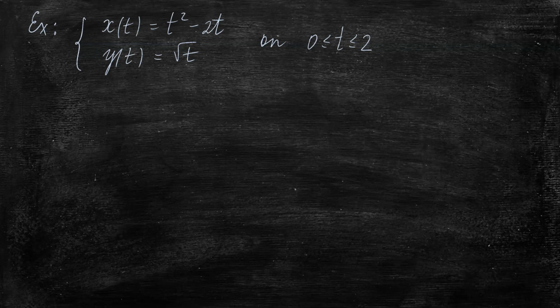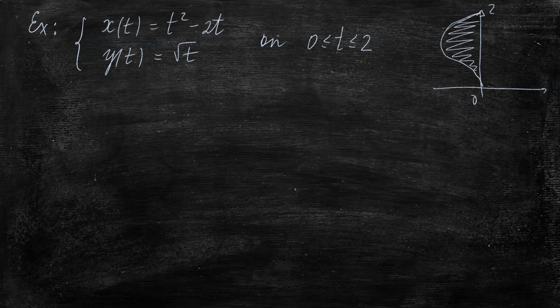We can graph it, but I'm pretty sure that the picture will look something like this. We're going to have some sort of graph here that goes from 0 to 2, so it's not a function of y with respect to x, but it is a function of x with respect to y, and we're looking for this area.